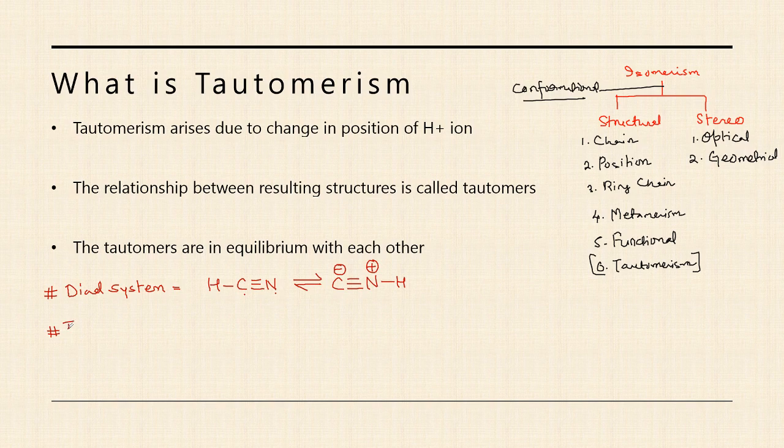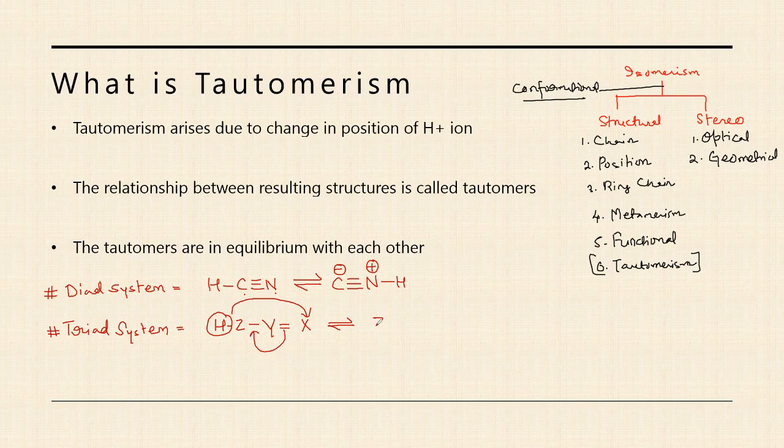And if I take a triad system, in a triad system, we can represent a general formula as X double bond Y Z H, और इसका जो टॉटोमर बनेगा वो आप कैसे बनाओगे? आपने इस हाइड्रोजन को उठा के X पे लेके आना है और इस डबल बॉन्ड को इधर शिफ्ट कर देना है.